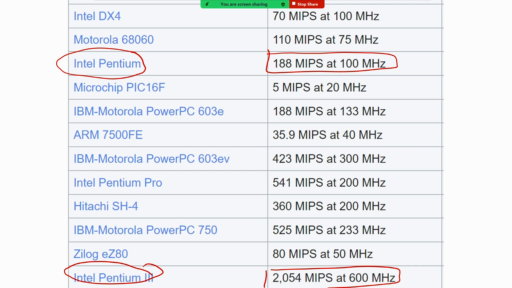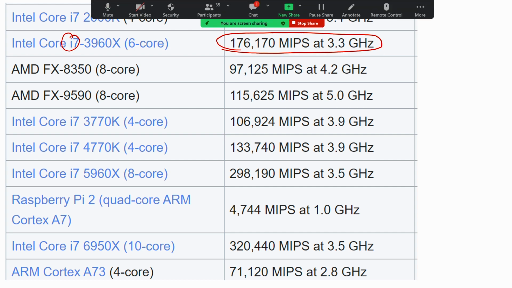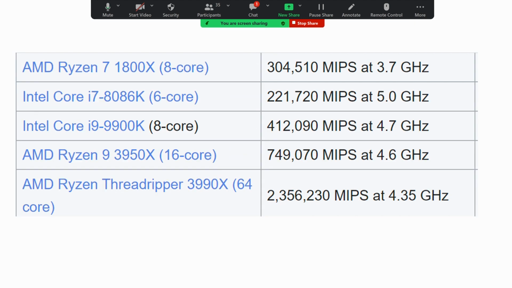Can you guess where we are now? So a third generation i7 is about 176,000 MIPS. A third generation, 6-core i7 is 176,000 MIPS. And an i9, a 9th generation.